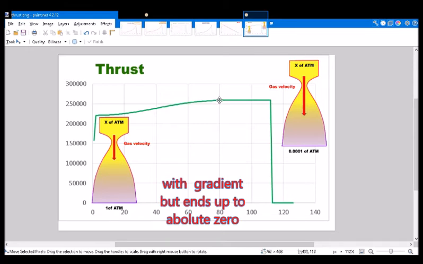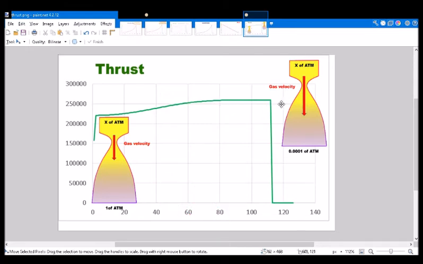According to the game physics, at this point there's no atmosphere, zero atmospheric pressure, like absolute zero, and that's why we get this flat line, no more increase in the thrust. And here, when the engine shut down, the amount of thrust is 0, and then I let it run for a few seconds after that.